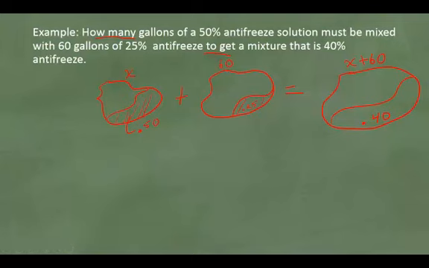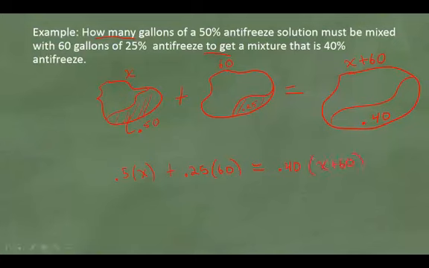So drawing that out gives us enough information to be able to write down an equation. Here we have 50% of an X amount, so 0.5 times X plus 0.25 of 60, and that should equal 40% of X plus 60.